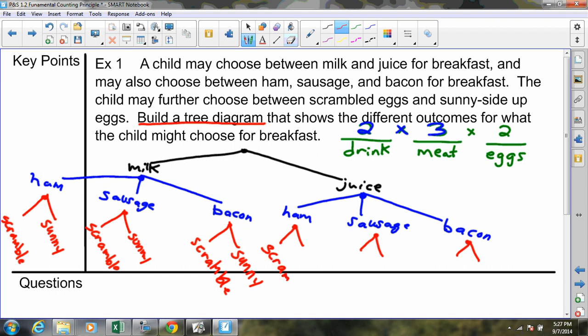I'm betting a lot of people, when they were creating this for their notes, didn't write out the full word. You really wouldn't need to write out milk. You could just use an M for milk. You could have used a J for juice.